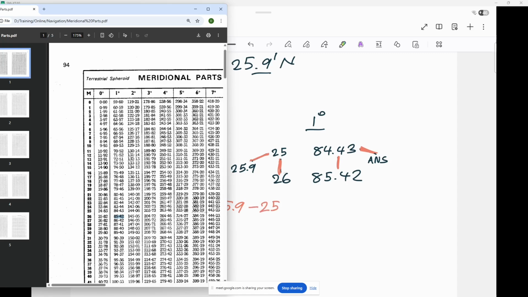The next line is this one, divided by 26 minus 25. So this side is completed, and go to the other side. Here the same operation, answer minus 84.43 divided by 85.42 minus 84.43.